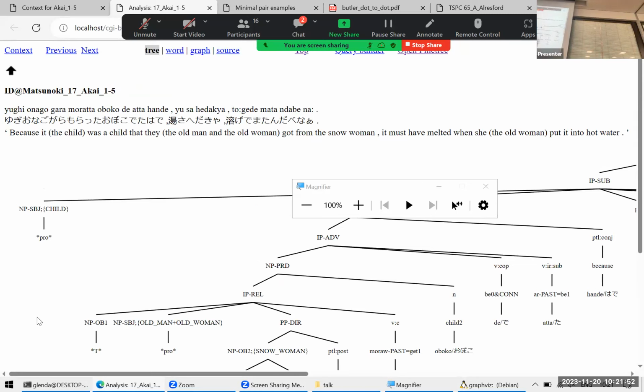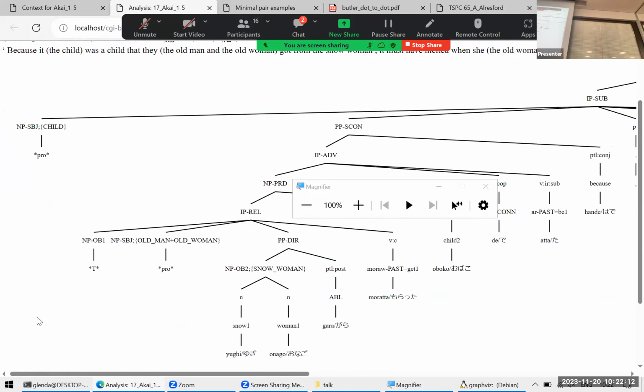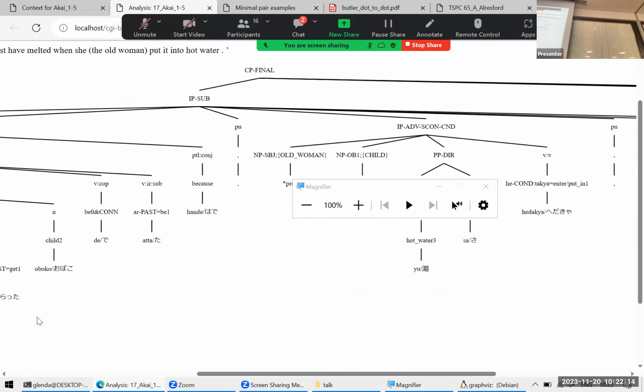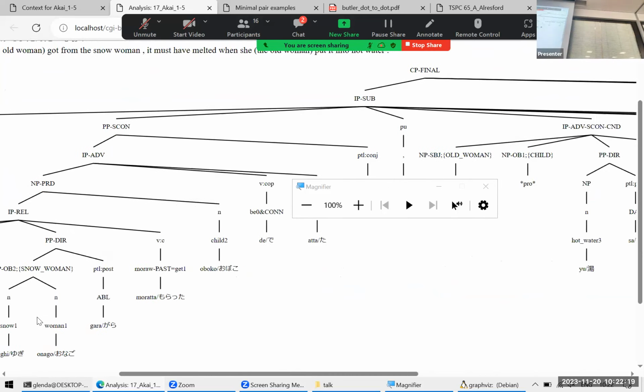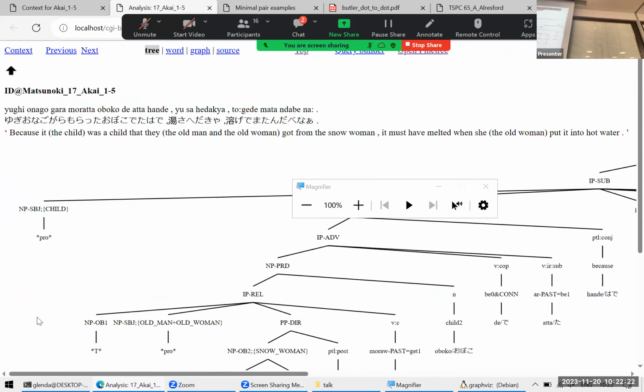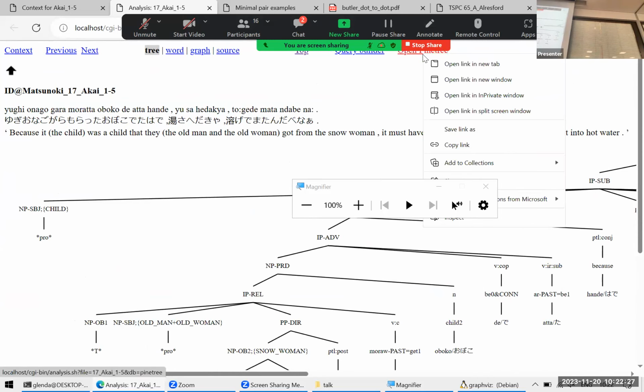It, the child, must have melted when she, the old woman, put the child into hot water. This is like Albury, lots of snow and snow creatures and stuff. And this is the Sugaribën, which we've annotated, and we've put in traces and pros and connections and all of that. And also at the same time I've got this English.